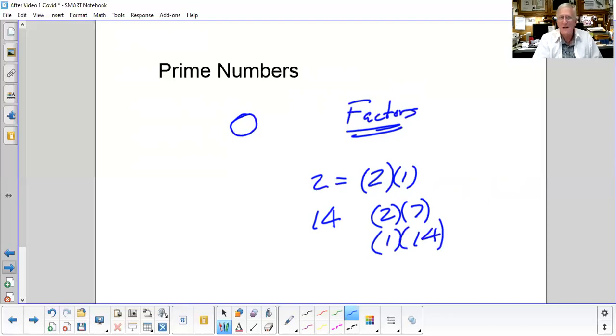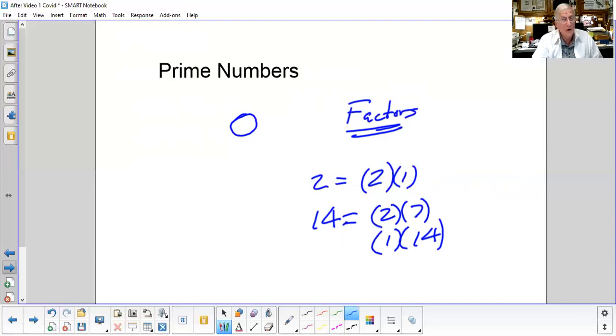So 14 is not prime because it has multipliers, these numbers, 2 and 7, 14 and 1, called factors of it, which multiply to give you 14. Remember, prime numbers only have factors of themselves and 1. What's the next prime number after 2?